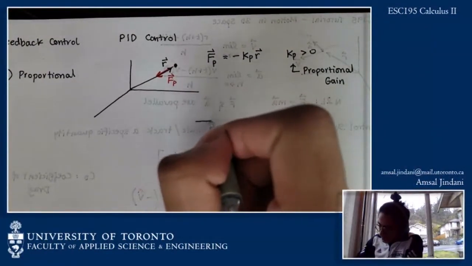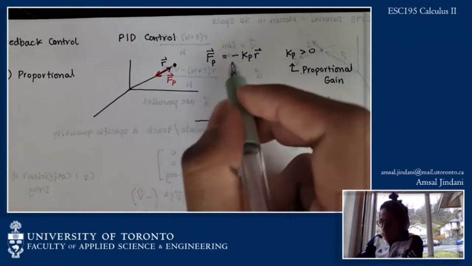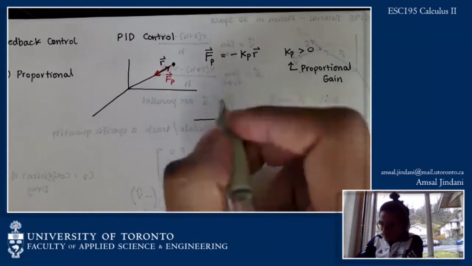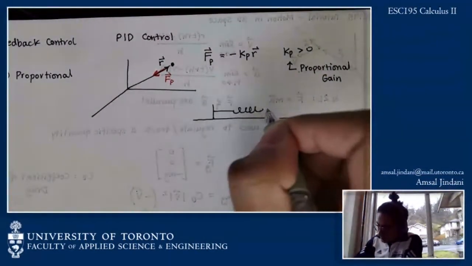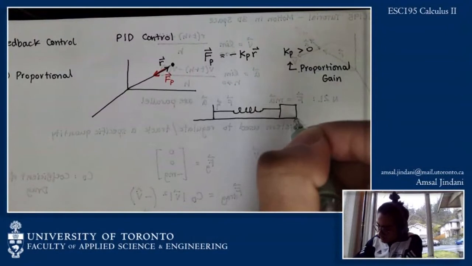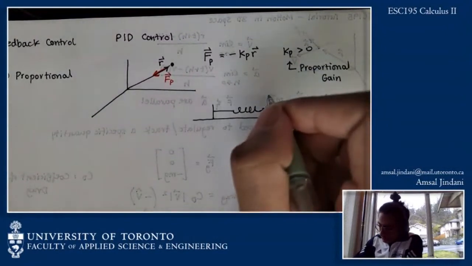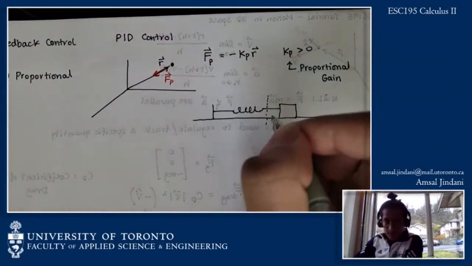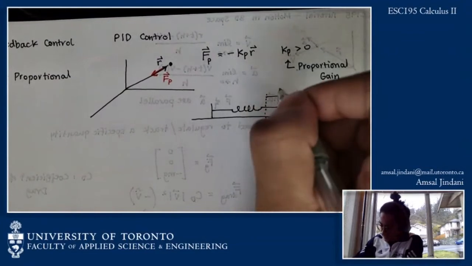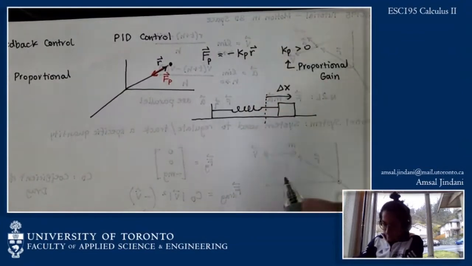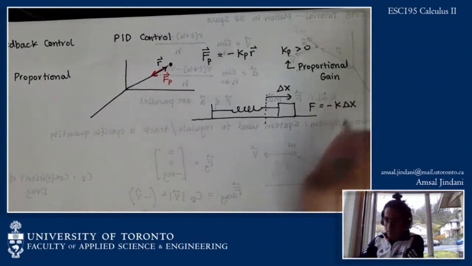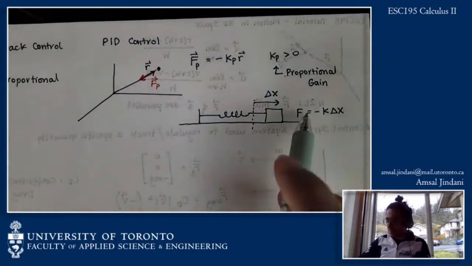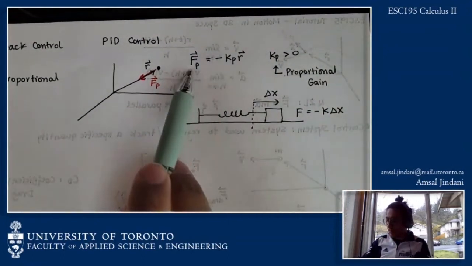If you wanted to imagine what happens when you implement proportional control to your system, it's the exact same idea as a spring mass system over here. Let's say the mass started out at this position and you pulled it with some displacement delta x, then the spring force is equal to minus k delta x, right?